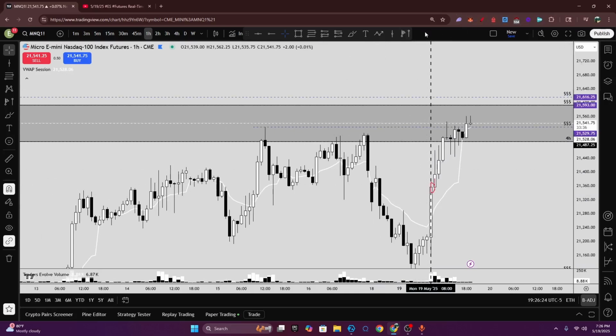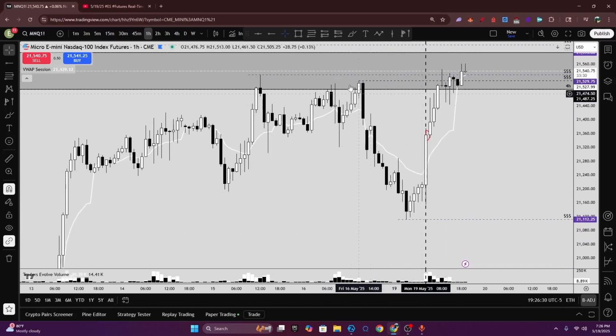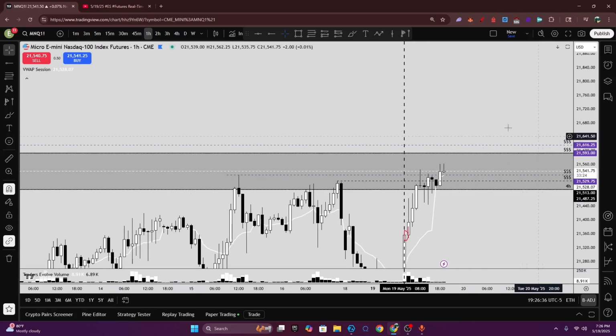We did have 1 hour levels here, and that's honestly pretty much it regarding liquidity on the upside. We also had this liquidity as well, which is carried on from historical data.